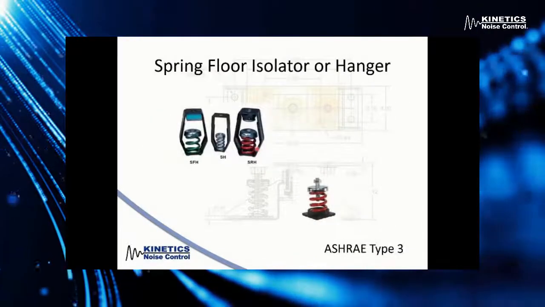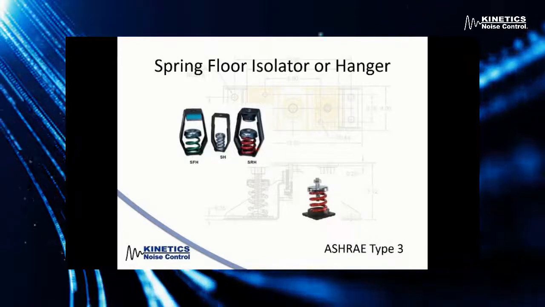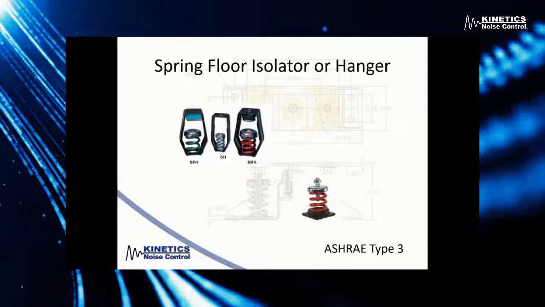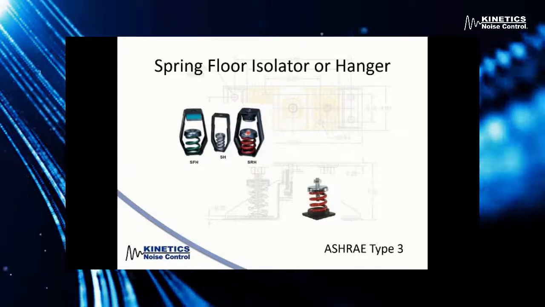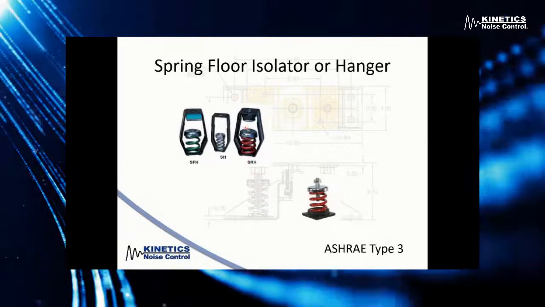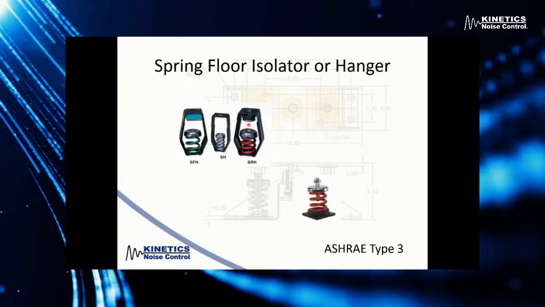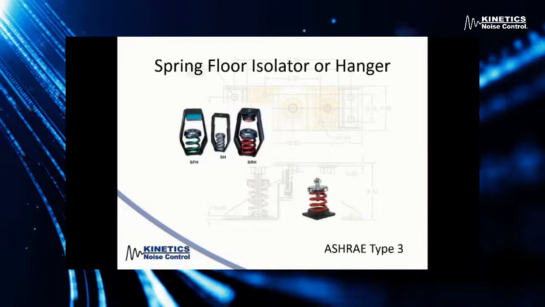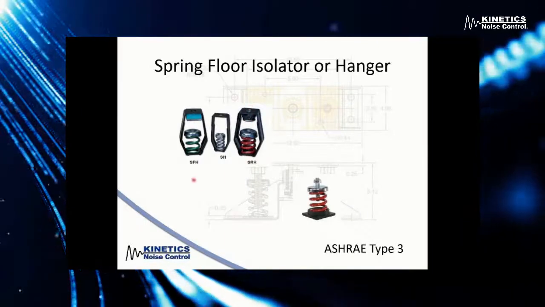An ASHRAE type 3 introduces the spring, whether it's a floor mounted spring as shown here, or whether it's a suspended hanging spring hanger. So here you can see the all thread would go through and attach at the top of the spring, and then you would attach this to another piece of all thread, and then the equipment would hang below the hanger.